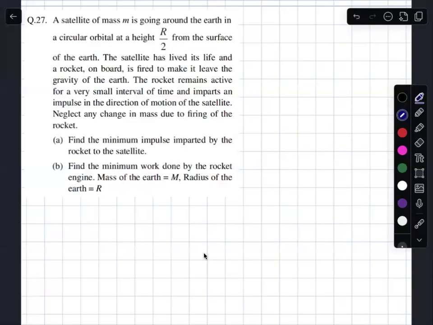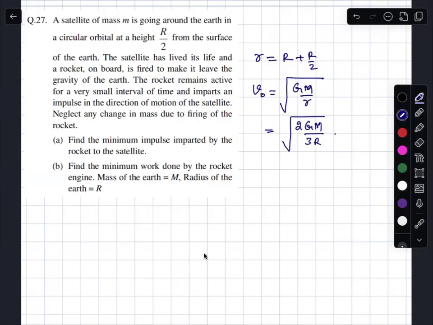And you are at a height r by 2, which means the radius of the orbit is r plus r by 2. So at that point, the orbital velocity required is root of G capital M by r, which is going to be root of 2 times G capital M by 3r. Any doubt? With this velocity, what happens?